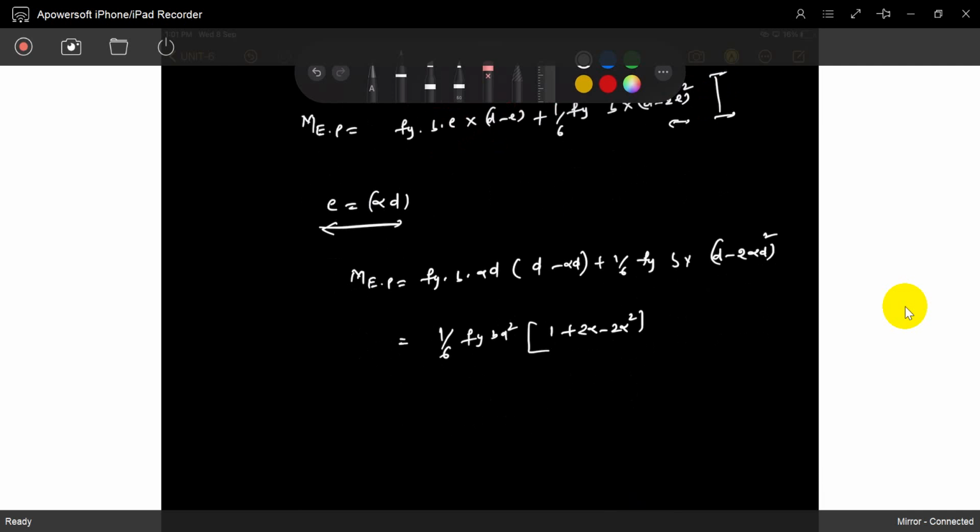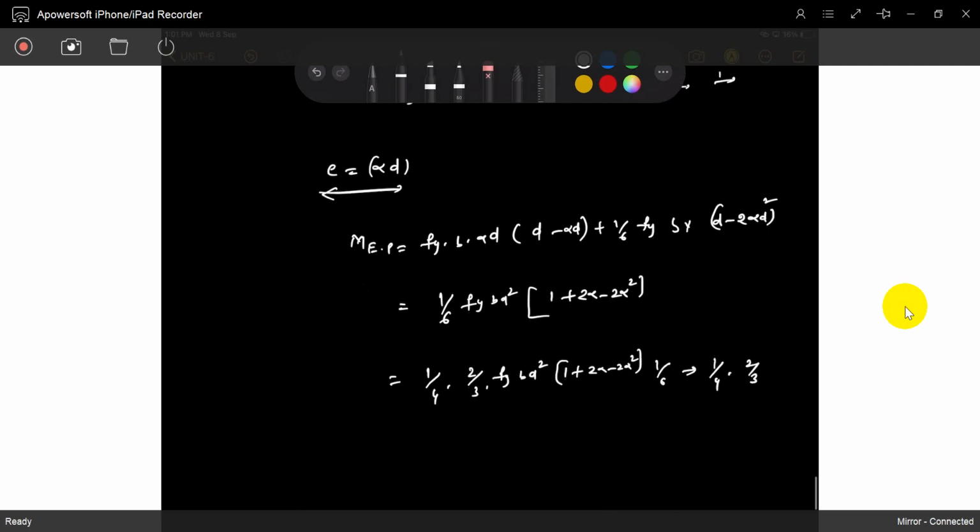Now I will write the 1 by 6 as 1 by 4 and 2 by 3. So why is it, sir? I will show you: 1 by 4, 2 by 3, Fy B D square, 1 plus 2 alpha square. Now you can observe it.